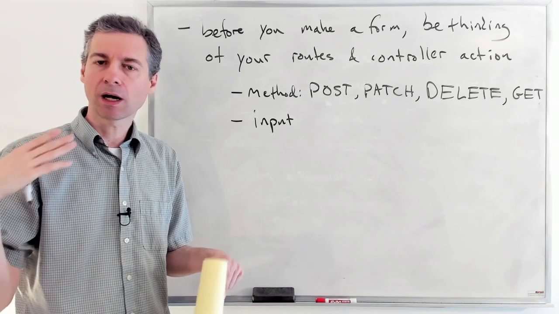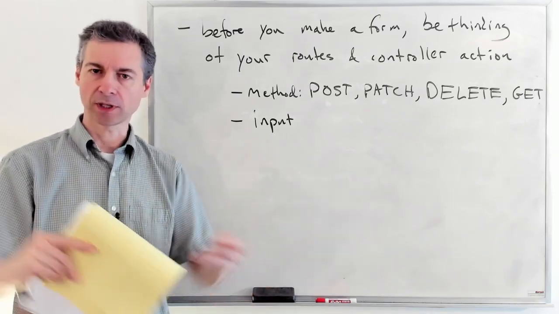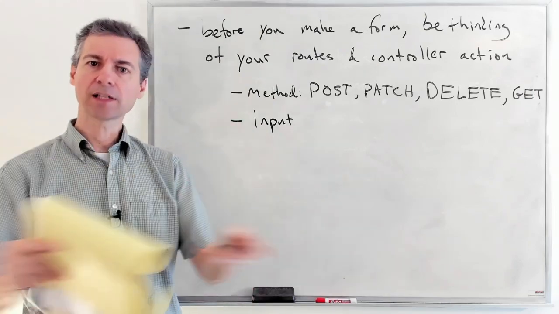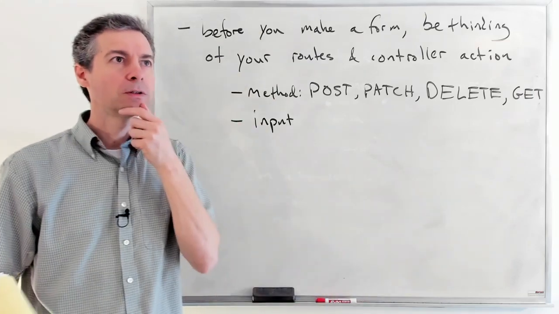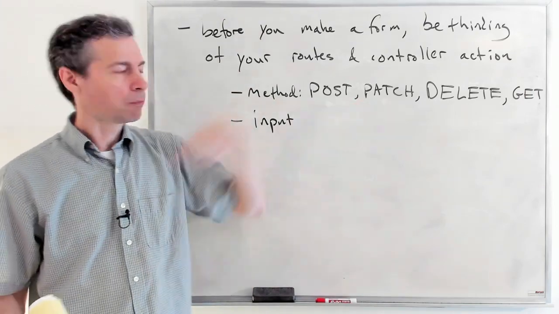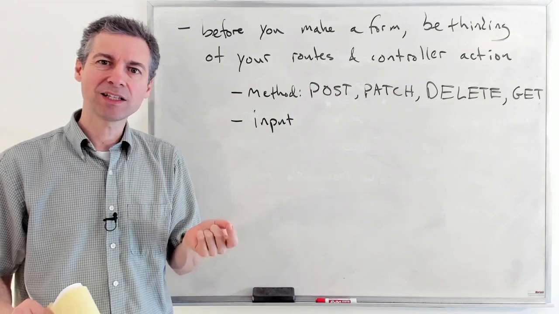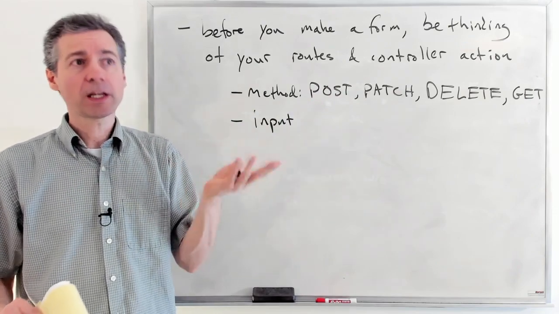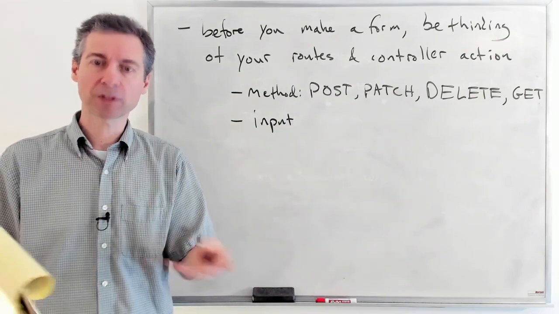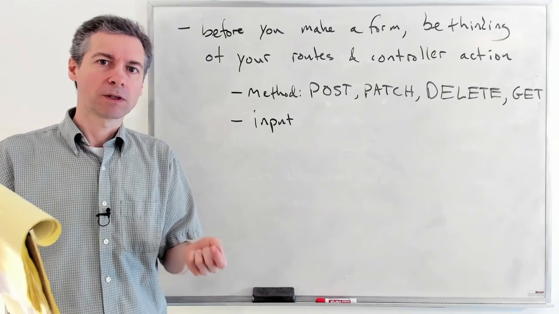You're like, I understand that my controller action is this method, and I want to run this method, and for example, I want to edit this object. So I know it's going to be a patch call with HTTP, and what am I going to send in for my input? I'm going to have values for this model, this object that I'm trying to edit. So those are the things that are going to come in.